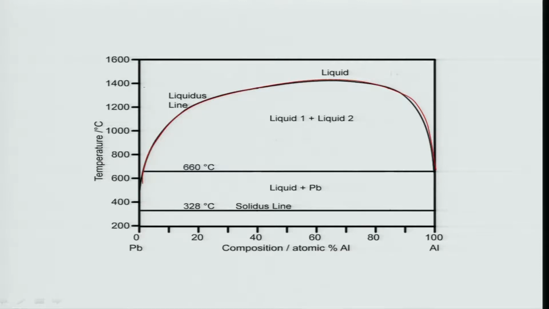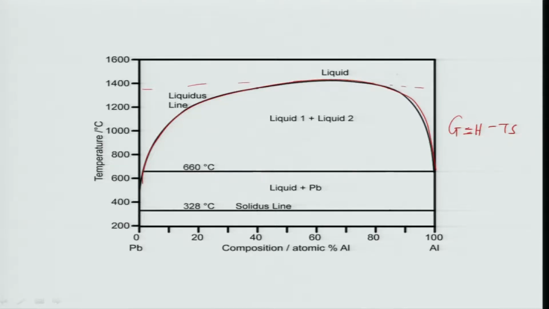The meaning of this dome is that it is a function of temperature versus composition. As I told you, G is equal to H minus TS. At low temperature, because of the immiscibility of two liquids, H will be very high and positive, so high that it can overtake the negative effect of entropy.